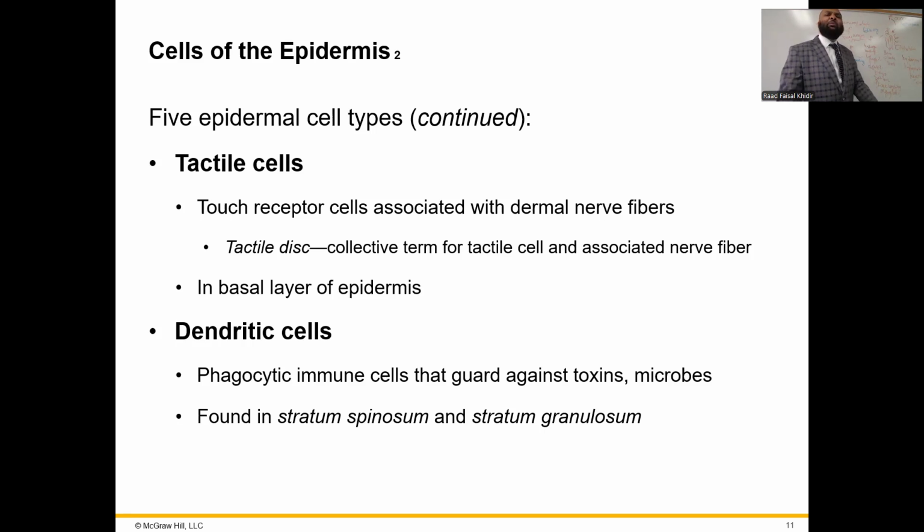What's the difference between hemoglobin and myoglobin? Excellent. So myoglobin is an oxygen storage molecule, while hemoglobin is a delivery molecule. It delivers the oxygen. Very good.